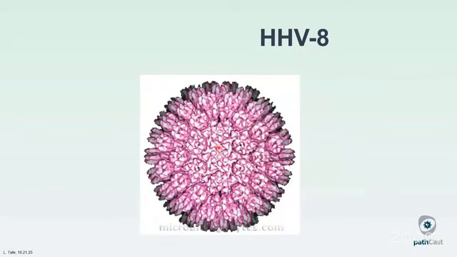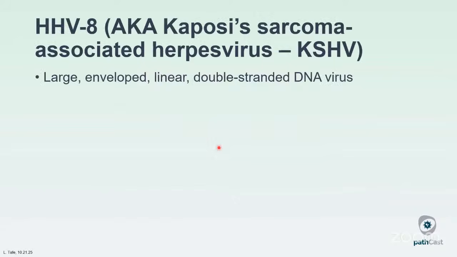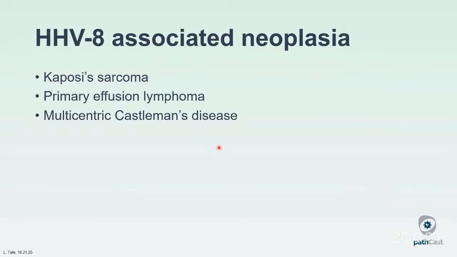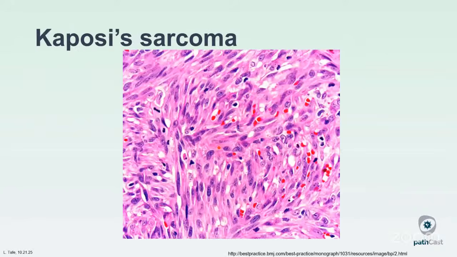And just to continue on to HHV8. It's a large enveloped linear double-stranded DNA virus. So this is, again, the Kaposi sarcoma associated herpesvirus, as well as HHV8. We can see several different diseases associated with this: primary effusion lymphoma, multicentric Castleman's disease, and of course Kaposi sarcoma, just as an example.